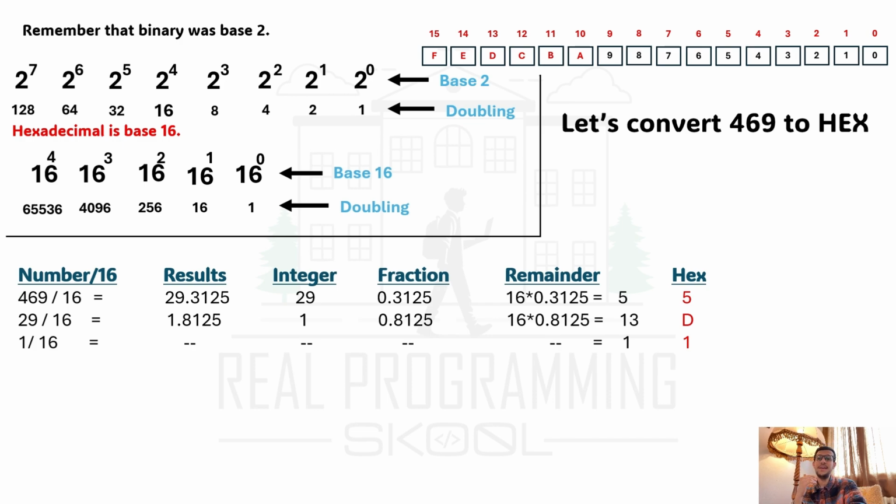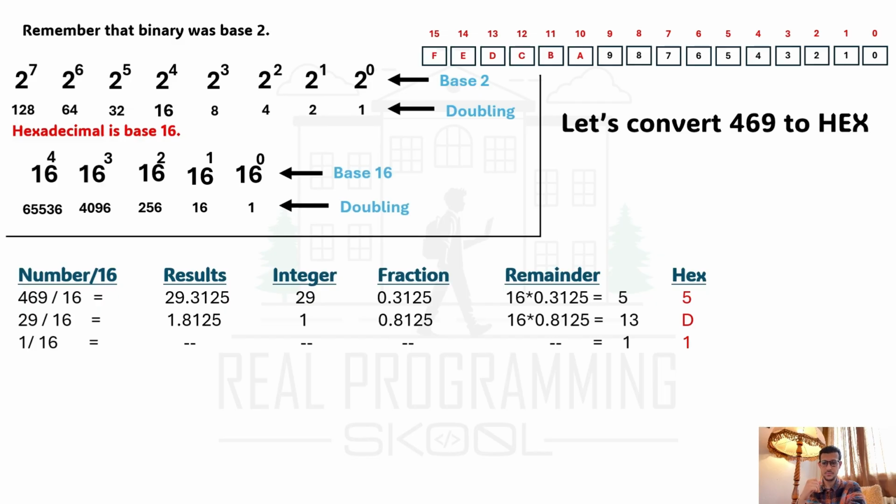What does 5 represent in hexadecimal? It represents 5. Number 13 represents what in hexadecimal? It represents the letter D. The decimal number 1 represents 1 in hexadecimal. All right, so how do we read the hexadecimal? Now we have the hexadecimal number 5D1.